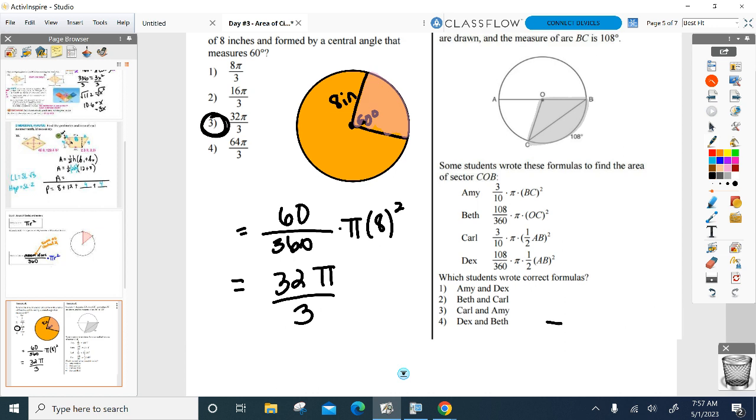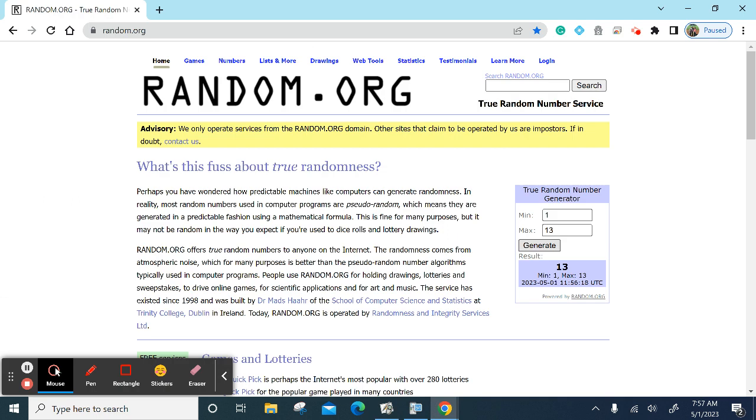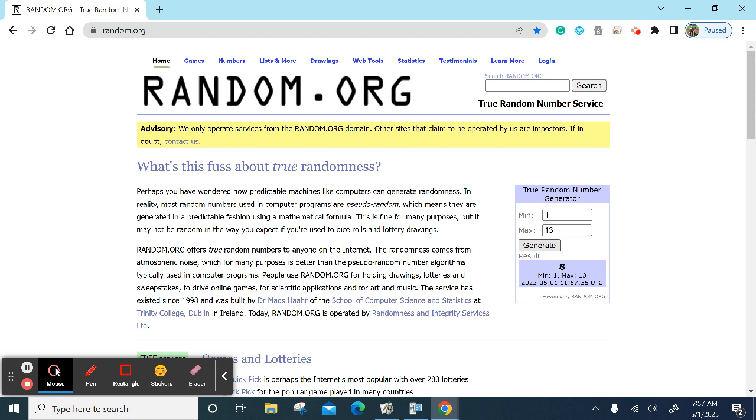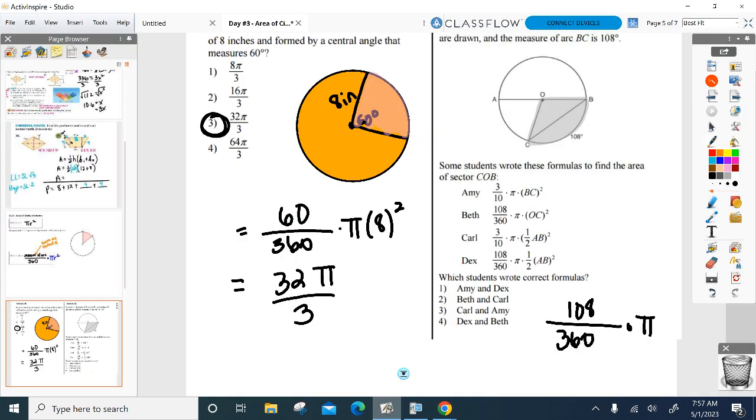What is the measure of the arc that belongs to COB? 108. 108 over 360 times pi r. Again, what does r stand for in this formula? Radius. I know none are labeled, but can you just give me a radius? Name a radius on my diagram. That's what I'm asking for.